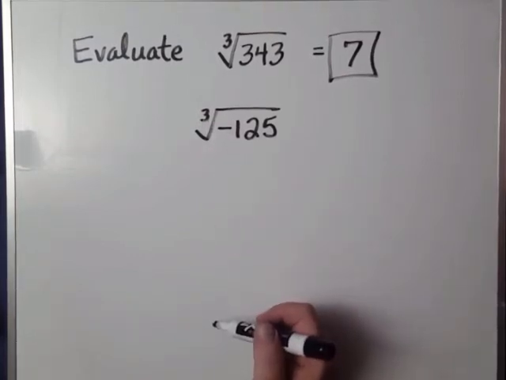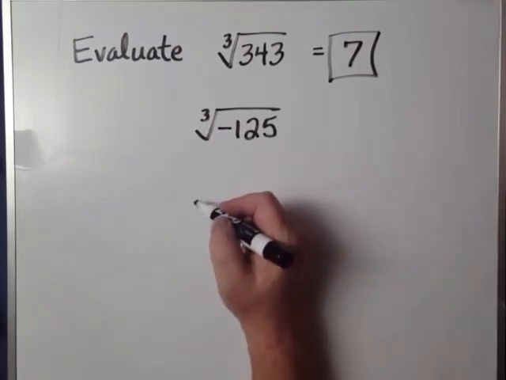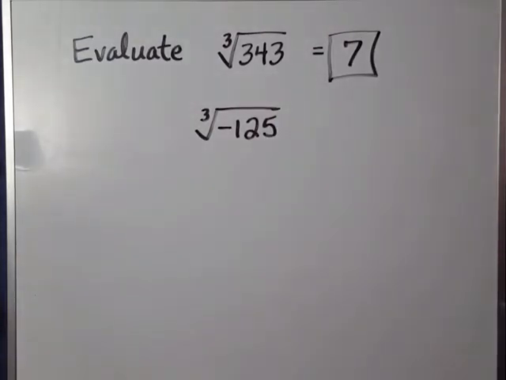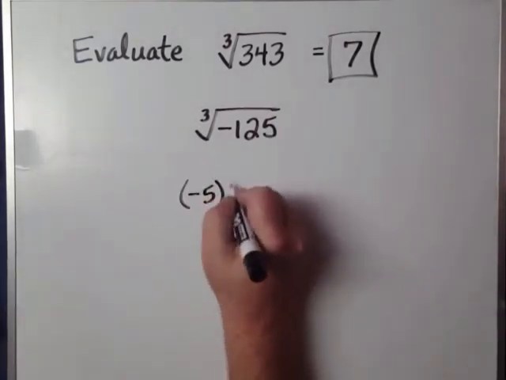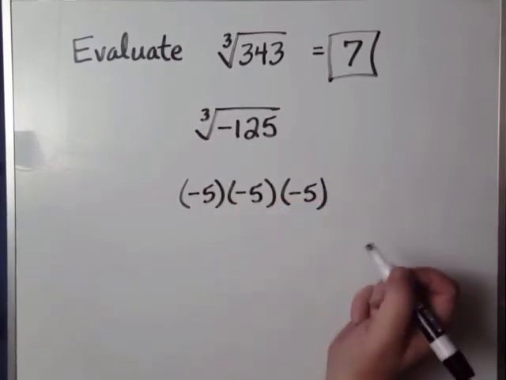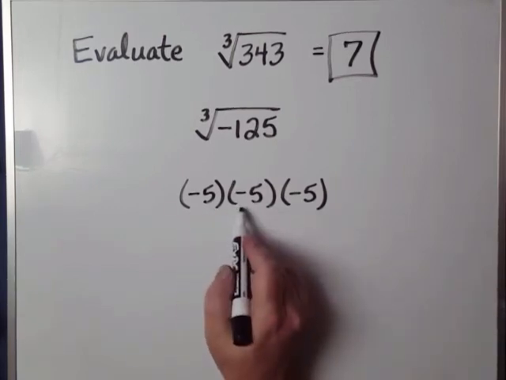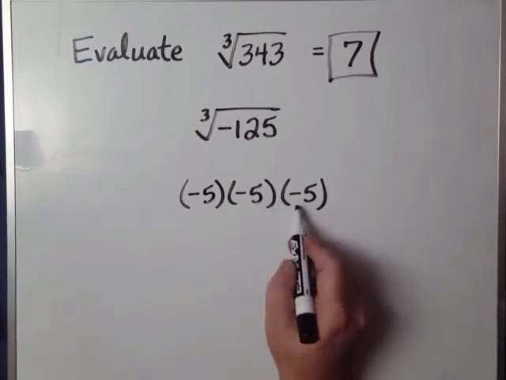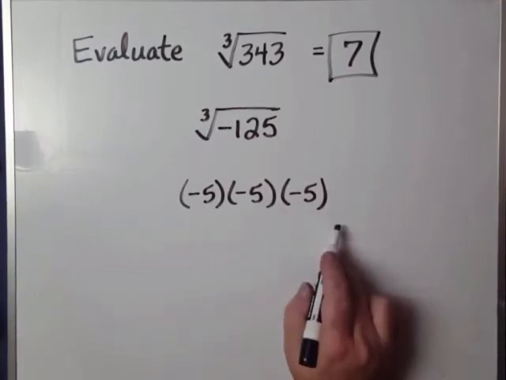And an odd number of factors will retain the sign of the factors. In other words, think about this. What is negative 5 times negative 5 times negative 5? Every pair of negatives makes a positive, but now I've got what? 1 left over. When I multiply, an odd number of negatives is negative.